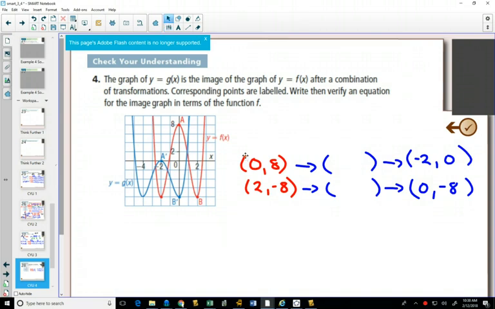Now, unlike before when we did these questions, you just had one thing to do, so you could go from one point to another quite easily. Now it's more complicated.